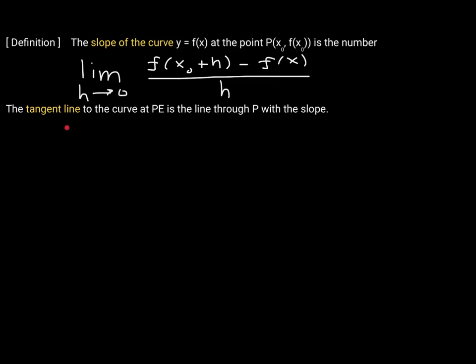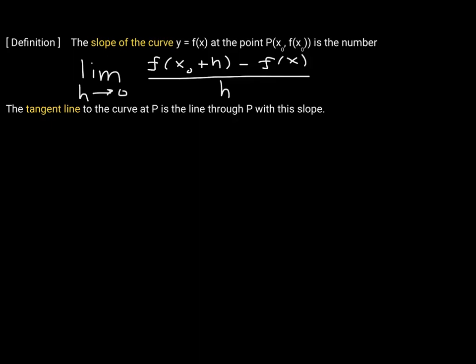The tangent line to the curve at P is the line through P with this slope. Sorry about these typos. Make sure you have that written down correctly. All right, this is awesome.